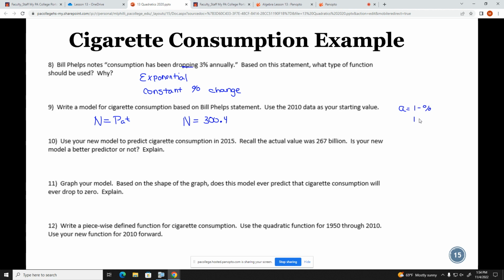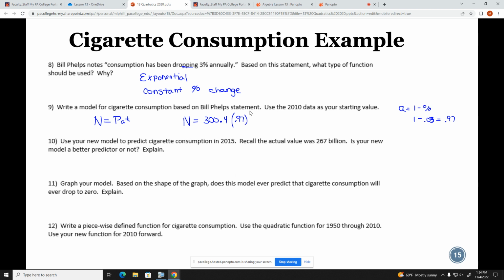So I'll do 1 minus 0.03, the percent as a decimal. And that will give me 0.97. So my A is 0.97.